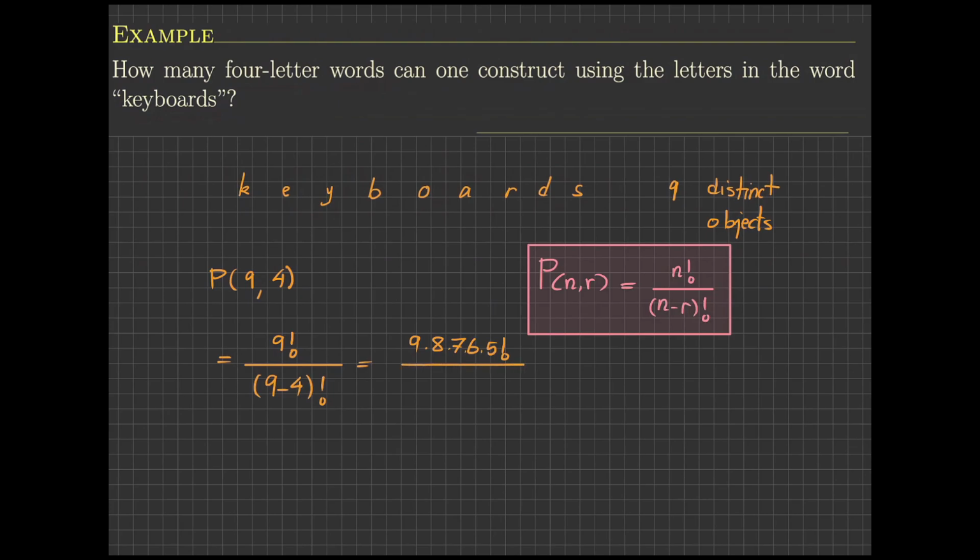Do you agree? And 9 minus 4 is 5, so it becomes 5 factorial, and the 5 factorials simplify.